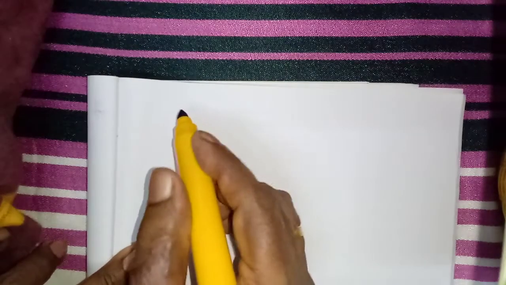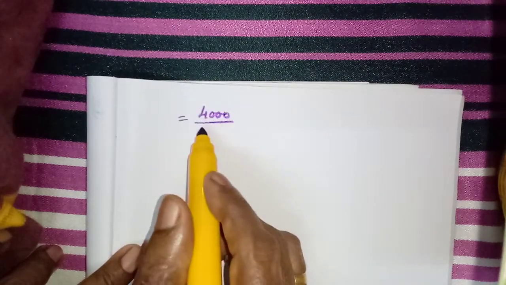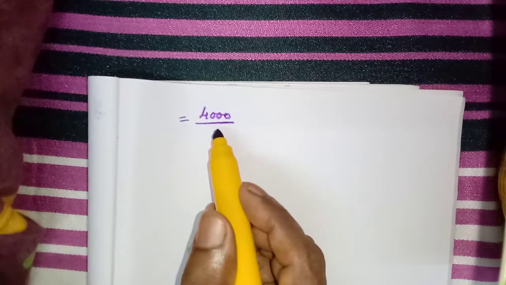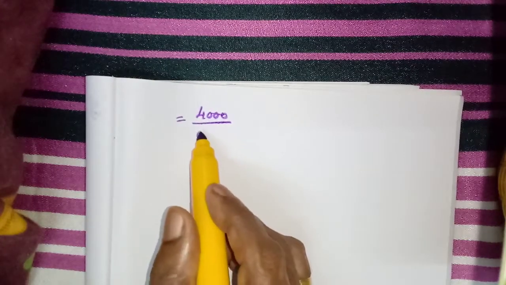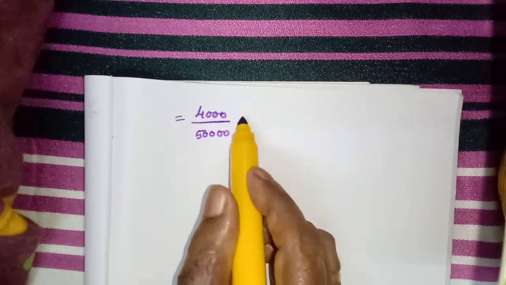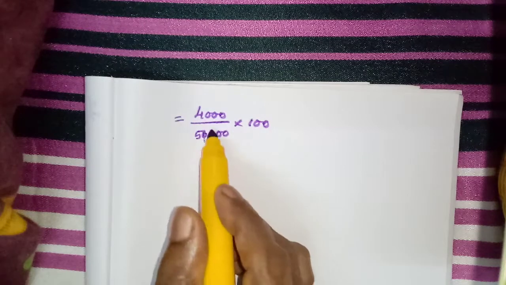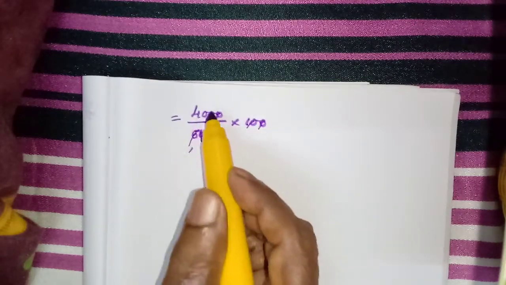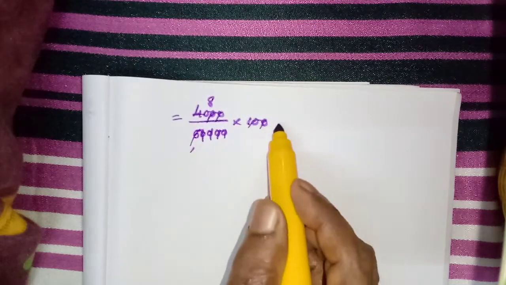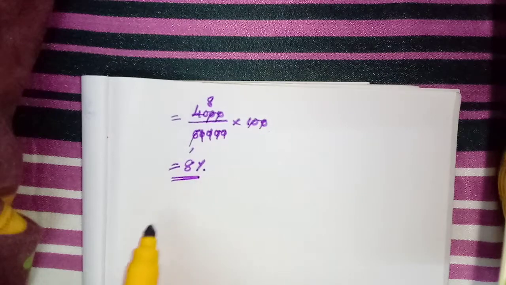So what is the amount of depreciation? 4,000, isn't it? So equal to 4,000 divided by the original cost, 50,000, into 100. So 8, percentage, 8%.